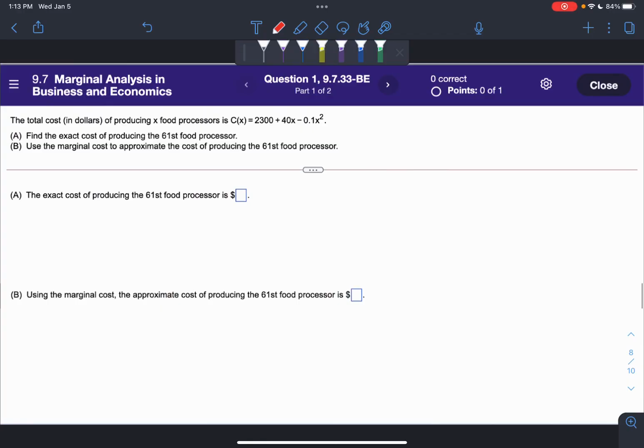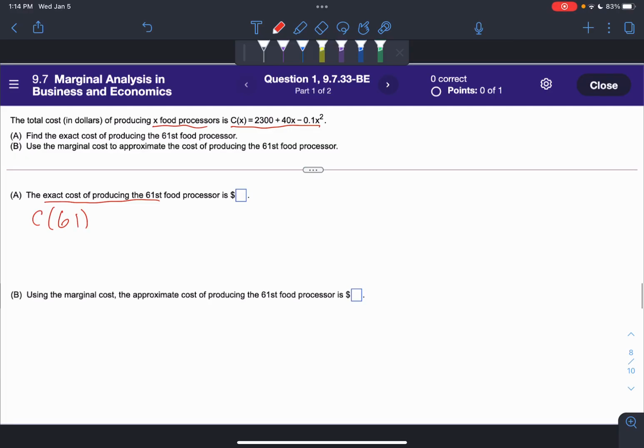Okay, let's do some application problems. All right, so in this problem, we are given the total cost of producing x food processors, this function here. And so we want to know what the exact cost of the 61st food processor is. Now, it's not as simple as just plugging in 61 into our cost function.